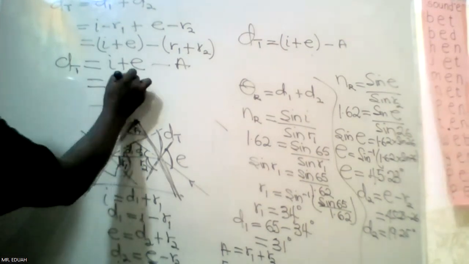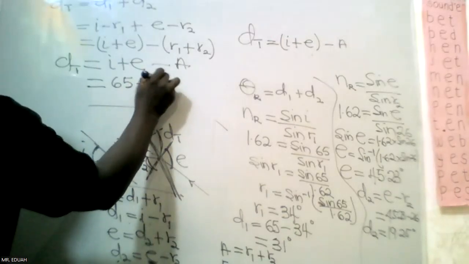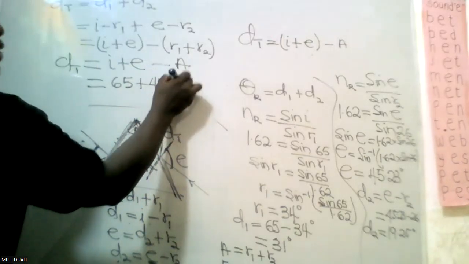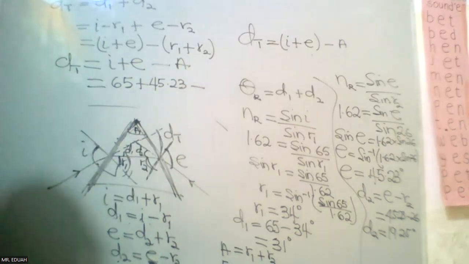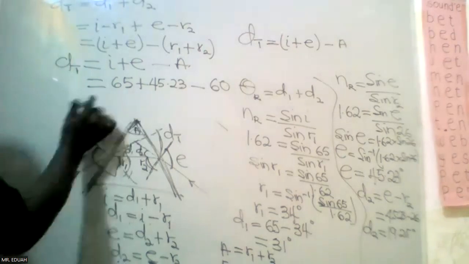So if I have I, which is 65, plus E, angle of emergence, which is 45.23, minus angle of the prism, which is 60, I can also find it.